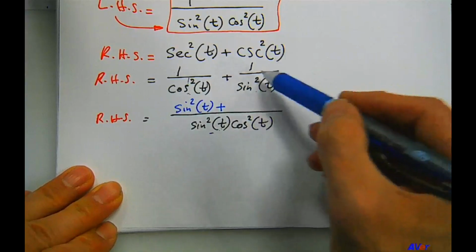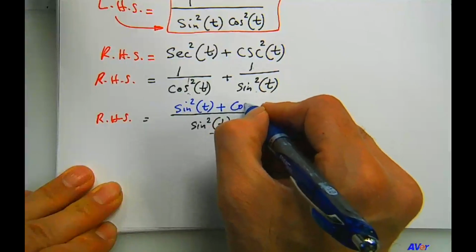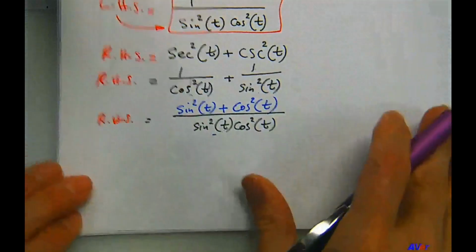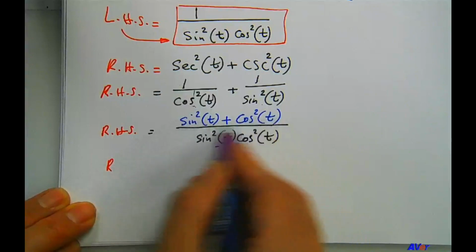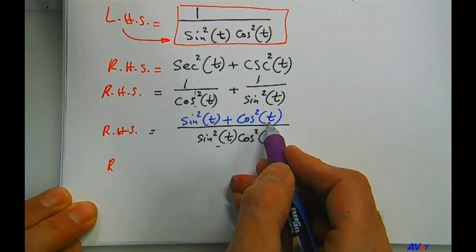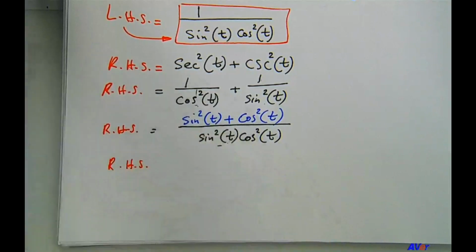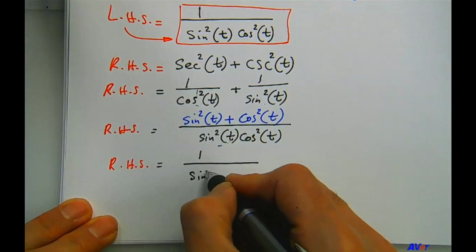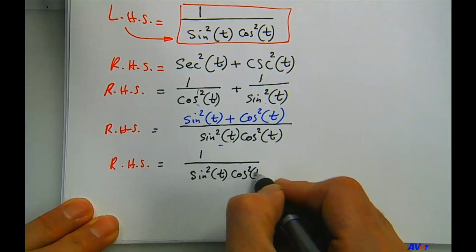So multiply the numerator 1 by the cosine squared t. I'm sure you're picking up very quickly now what happens to the numerator: sine squared t plus cosine squared t is equal to 1. So the right-hand side is equal to 1 over sine squared t times cosine squared t.